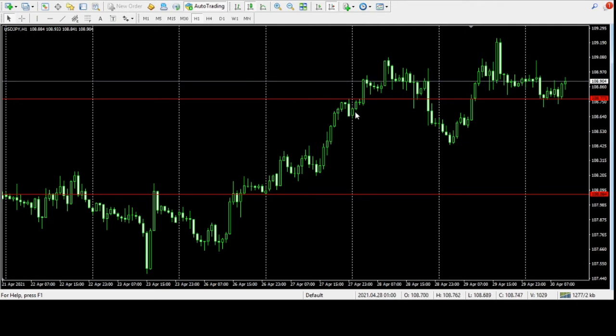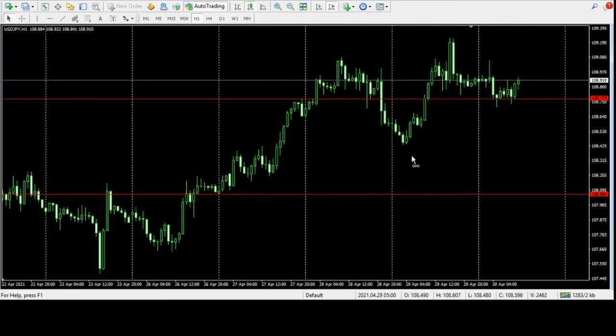Immediately the last candle closes on the 27th, it will be midnight of the 28th. Immediately the first candle opens on the 28th, that is when we check the high and low of the 27th. I think you get that clearly right now.